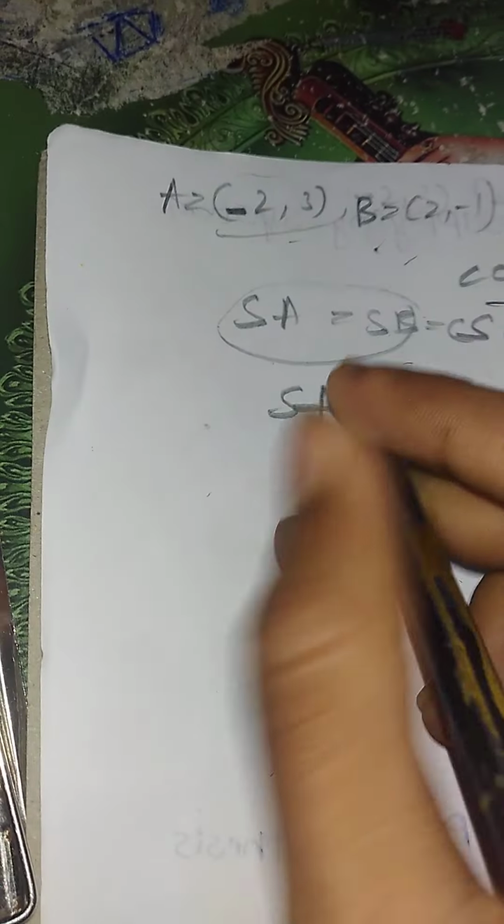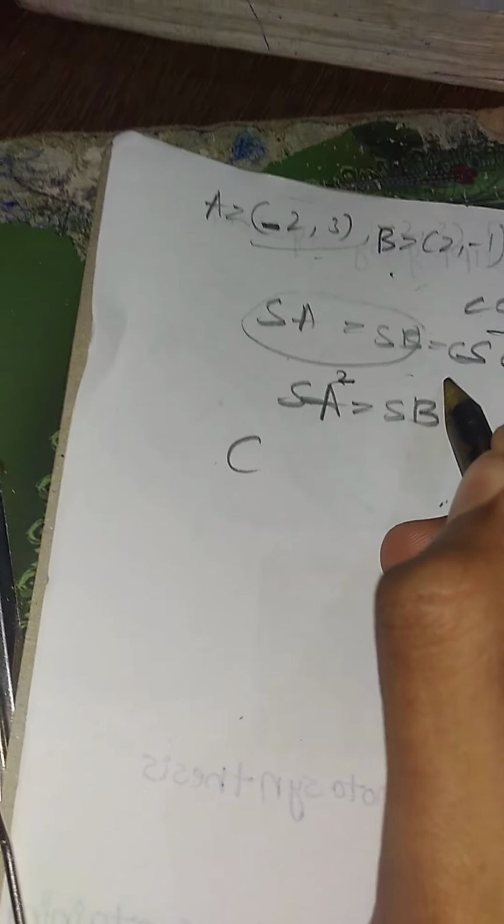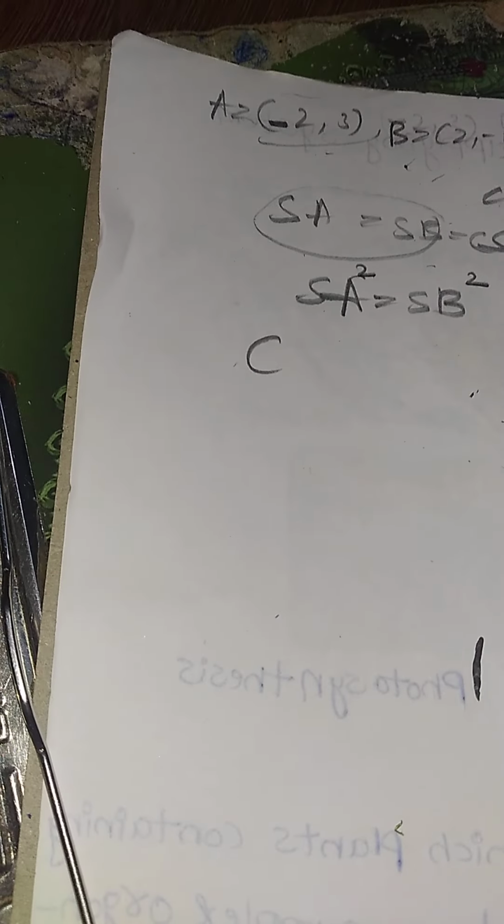Here let me continue. We have to use the distance formula. Before that I am squaring on both sides in order to remove the root. We know that the formula of distance is under root of x1 minus x2 whole square plus y1 minus y2 whole square.